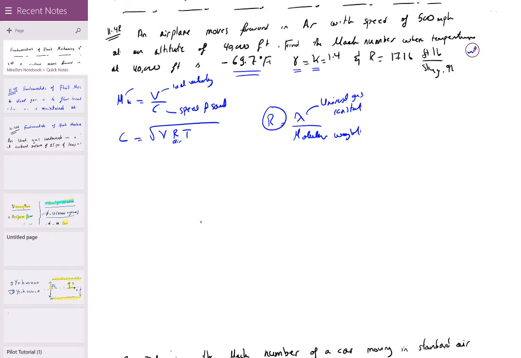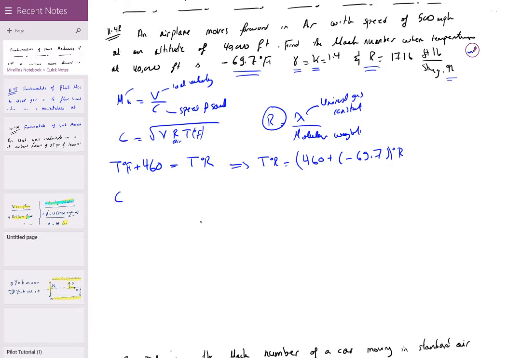Now, T is given in degrees Fahrenheit. I cannot use this when R is given in terms of Rankine. So I must convert T from degrees Fahrenheit: I add 460 and I get T in degrees Rankine. Therefore, T in degrees Rankine is 460 plus minus 69.7 degrees R.